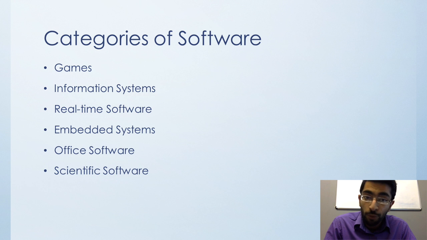Software can come in many forms. It can be off the shelf, for example, the Microsoft suites, or it can be something that's a bit more open source. All these types of software fall within the remit of software engineering.